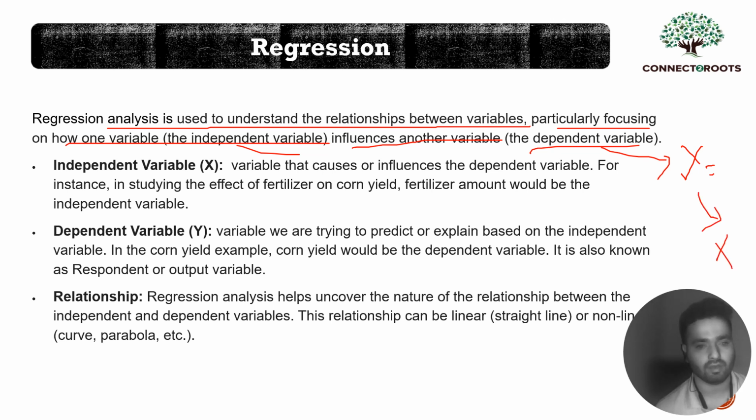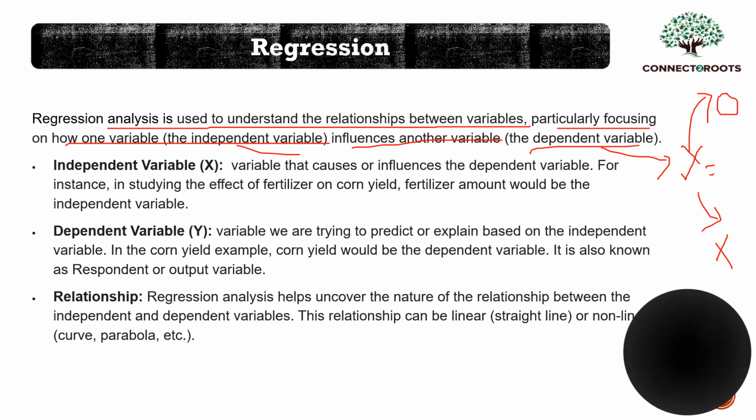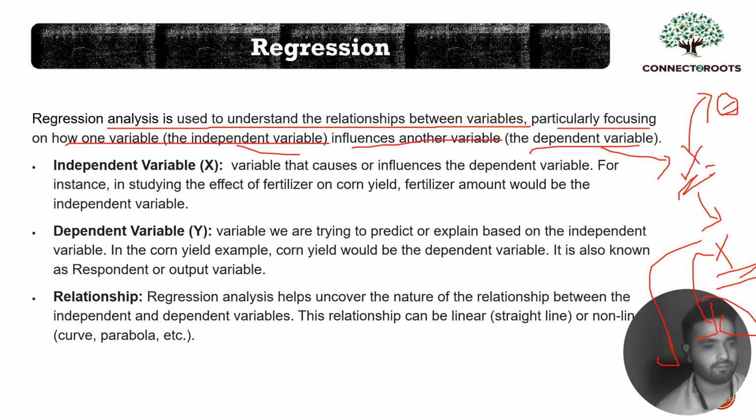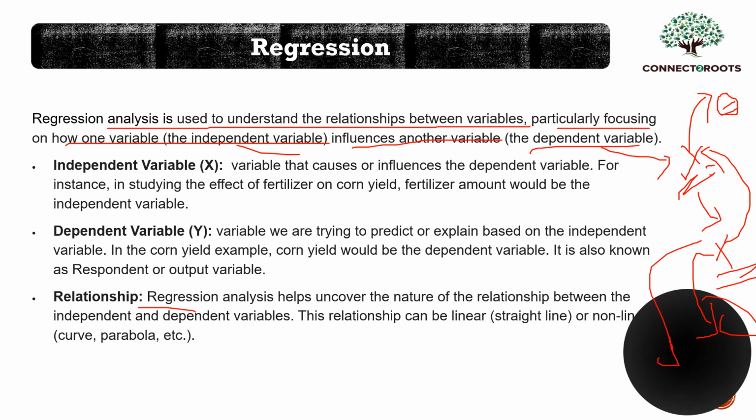If a department store manager wants to know the sales in a month, the sales will be the dependent variable, while how sales are influenced by location or by income group will be the independent variables. So it has two types of variable, one independent and one dependent, and in regression we want to see how the independent variable influences the dependent variable.